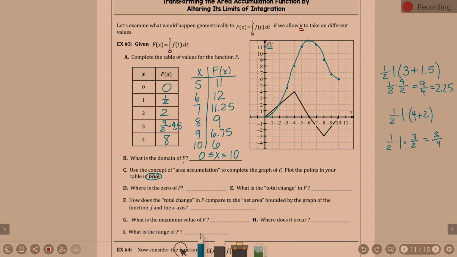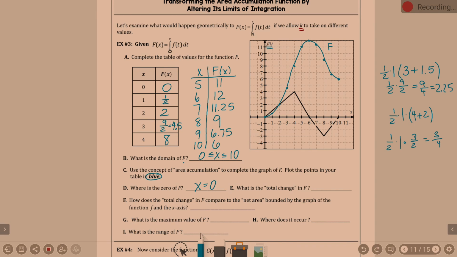Where is the 0 of f? The graph we just graphed, which by the way, this is f, right? The 0 of f, where does it touch the x-axis? At x equals 0. Okay. What is the total change in f?